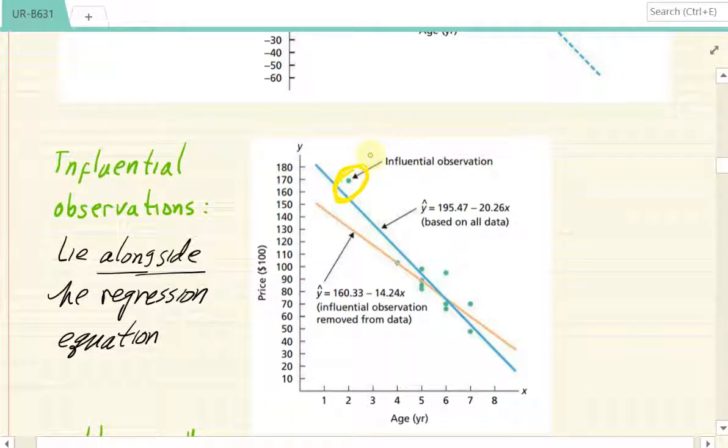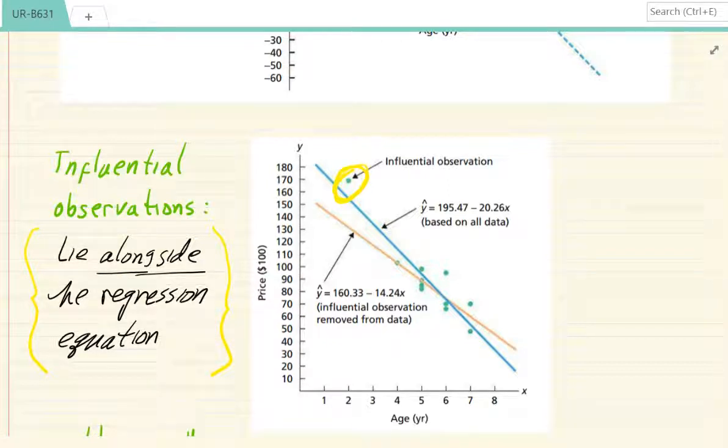So what are influential observations? Influential observations are those observations that lie alongside the regression equation. So for example, let's say I have a data point that is right down here, and then there's one down here.